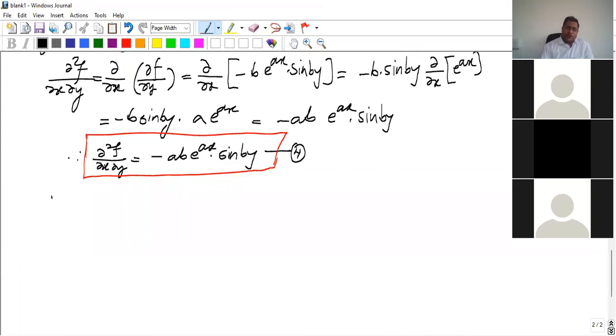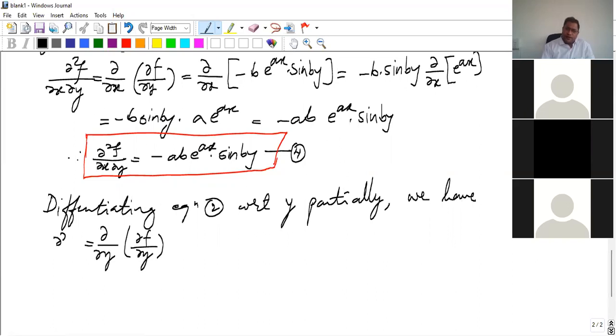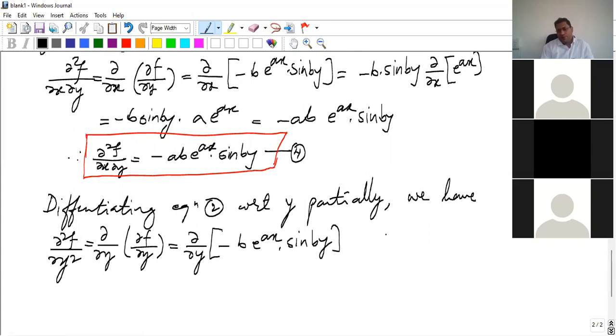So let us differentiate, differentiating equation 2 with respect to y partially. We have ∂/∂y of ∂f/∂y, and this we write as ∂²f by ∂y². So this is ∂/∂y of minus b e raised to ax sine of by.